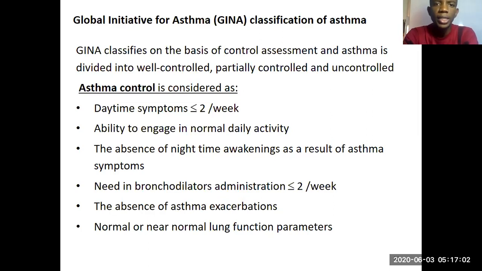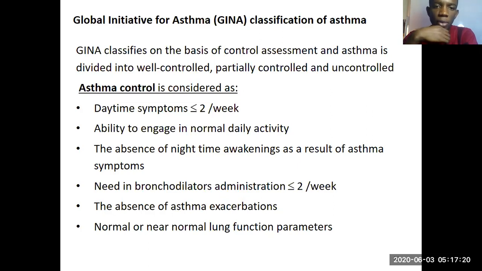The Global Initiative for Asthma, GINA, classifies asthma on the basis of control assessment, and asthma is divided into well-controlled, partially controlled, and uncontrolled.